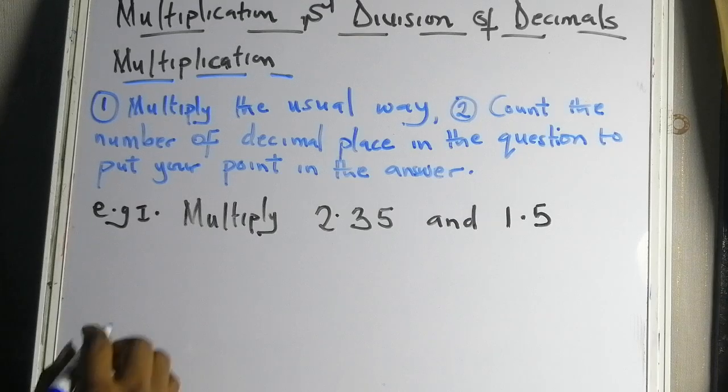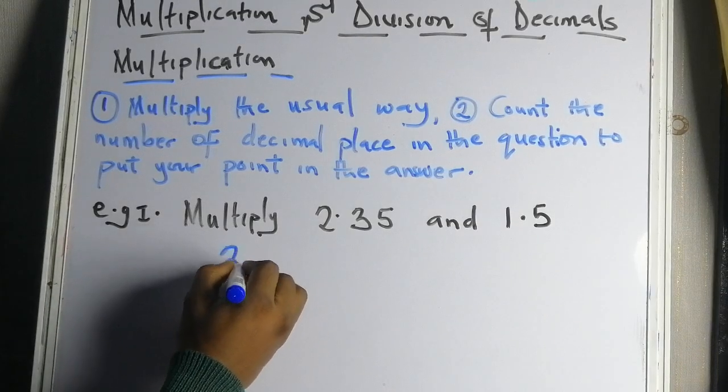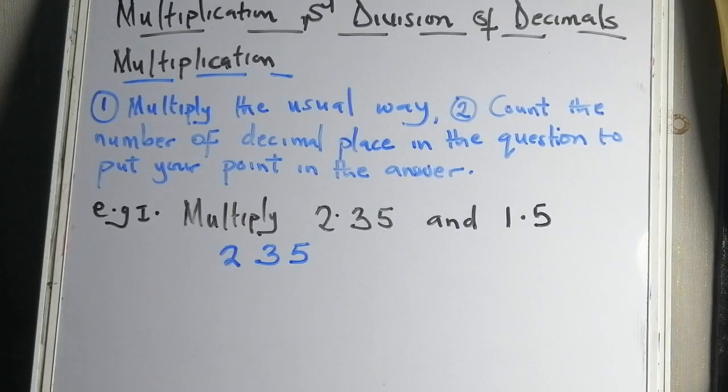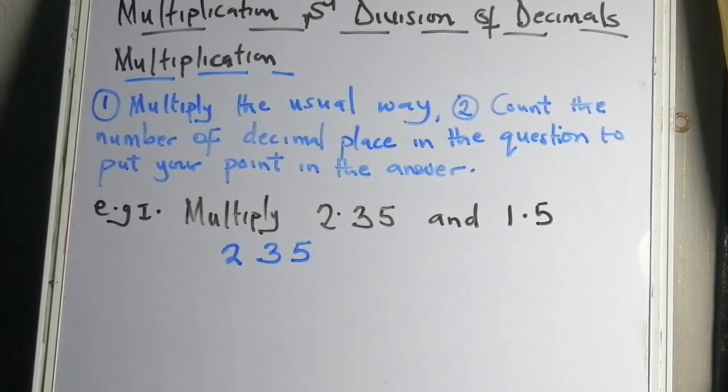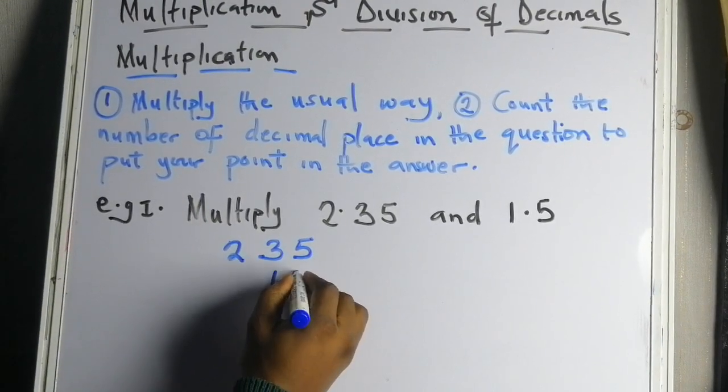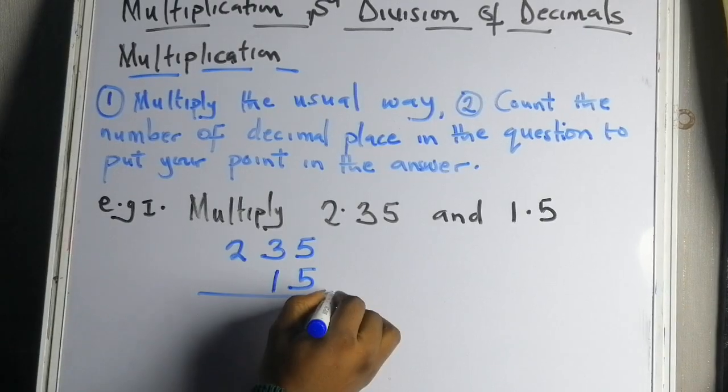So what's the usual way here? We have 2, 3, 5, times 15.